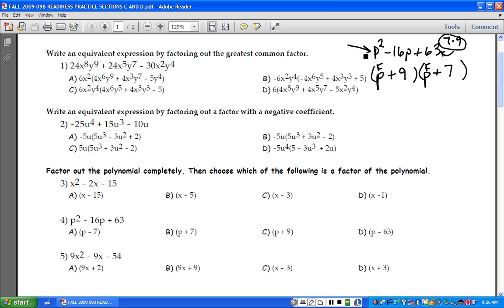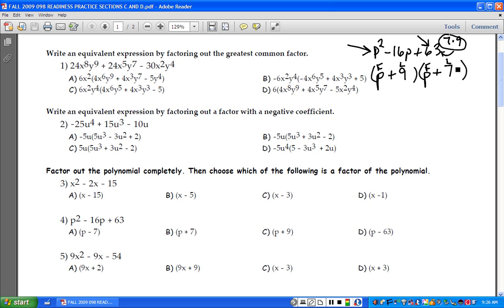P times P gives you P squared. Then our last times our last has to give us our last in our trinomial. So 9 times 7 gives us 63. So we're actually finished, but we're not sure if we're right. We have to check it to make sure it's right.